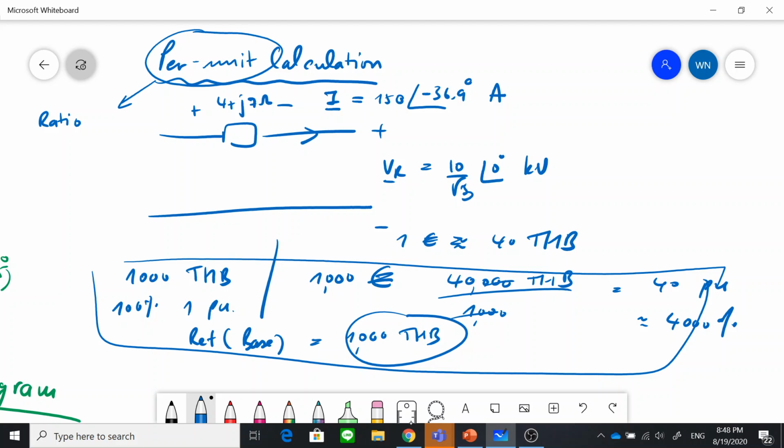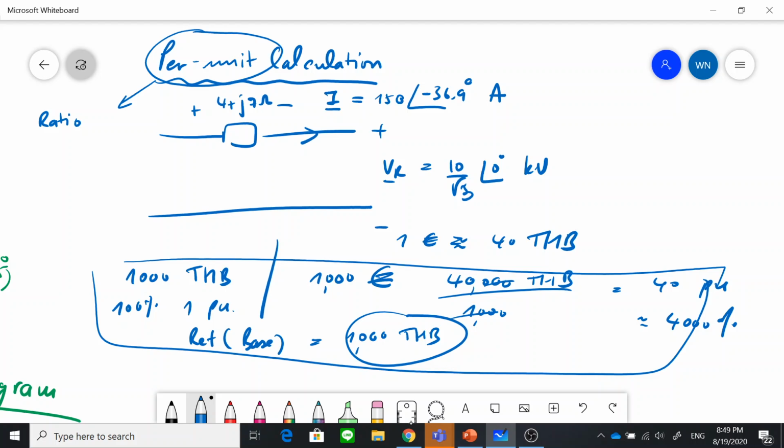You say that one transformer is big, in the transmission system. But if you go to a higher voltage level, your transformer could be very small, because the power is so great, right? So in this case, we use the concept of per unit to compare different quantities.